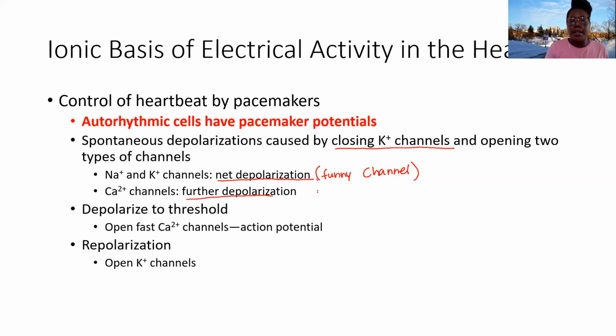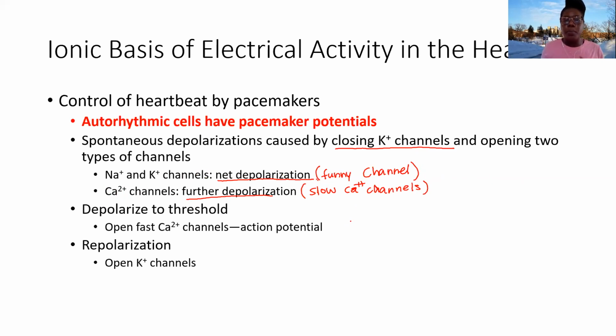Now, these two events, right, the closing of potassium channels and opening up of funny channels, along with the opening up of these initial calcium channels, and we can sometimes call these slow calcium channels, I'll put that here in brackets. These two events are what are going to bring the cell to threshold.